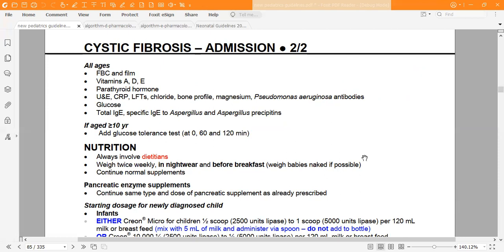Okay, so these are the basic annual bloods you will ask for in all ages for cystic fibrosis patients.